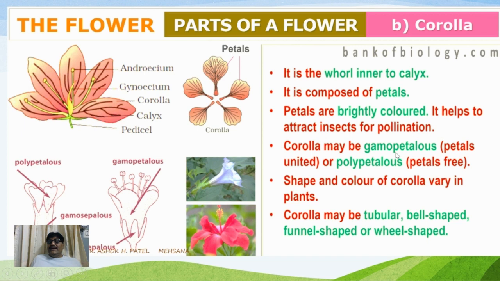Corolla may be gamopetalous or polypetalous, right? The shape and color of the corolla vary in structure in various plants, just like tubular, bell shaped, funnel shaped, and wheel shaped.